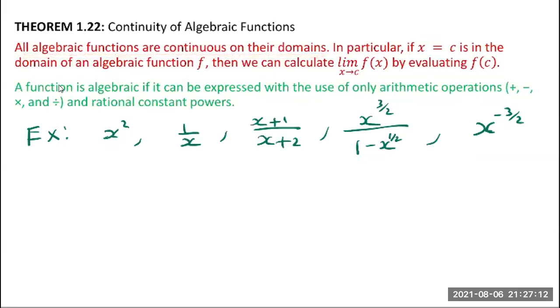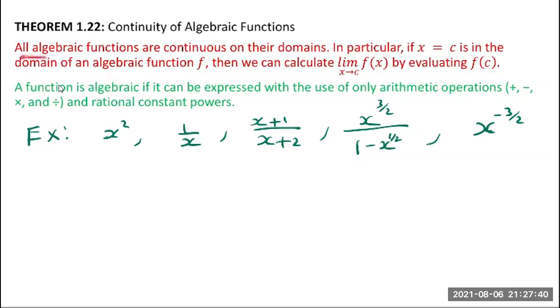Here is a powerful implication of this theorem: we can use it to calculate limits of these algebraic functions. In particular, if x equals c is in the domain of an algebraic function f, then we can calculate the limit as x approaches c of f of x by simply evaluating f of c.